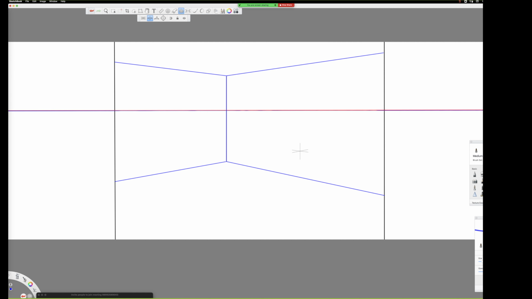You could start with 2 vertical lines. Yep, 2 edges of the door, that's correct. I'm going to leave some room for a chair over here, so I'm going to put the doorway.